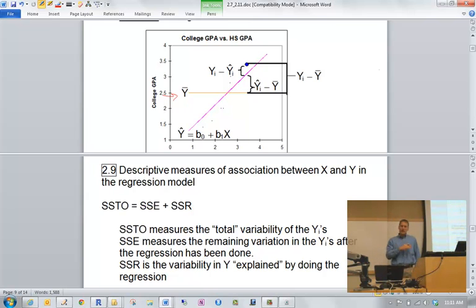What this represented was the high school and college GPA data set where I've highlighted one particular point in the plot. The pink line represents the sample regression model. The orange line represents a horizontal line for y bar, representing if I didn't have any knowledge of x at all, how would I predict y? Well, just a sample mean. And so then if we looked at the error in trying to predict this particular point, we would take the distance of y i minus y bar.